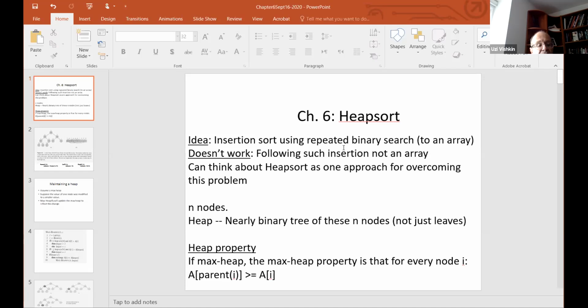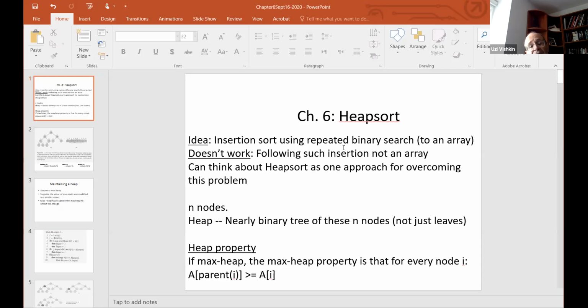And to remind you, the reason it didn't work is because we needed to shift every item to its location, because the binary search assumes that the input for every iteration is given in an array.